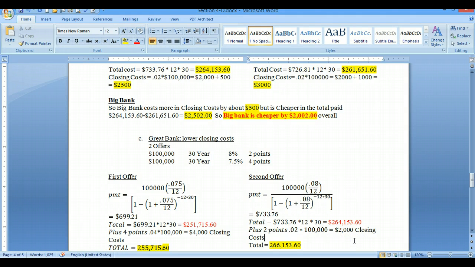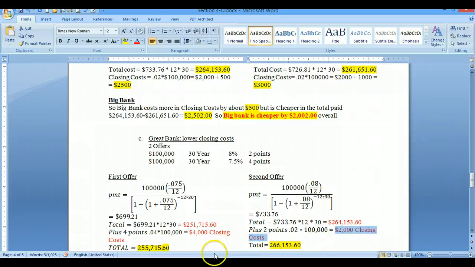But we also need to take into account the closing costs. With a 7.5%, we have 4 points, or 4% of the $100,000. 0.04 times 100,000 gives me $4,000 in closing costs. The 2 points for the 8% gives me 2% of $100,000, or $2,000 in closing costs.